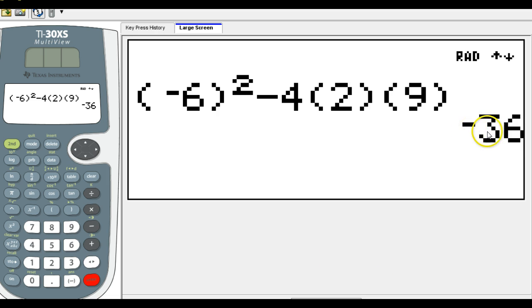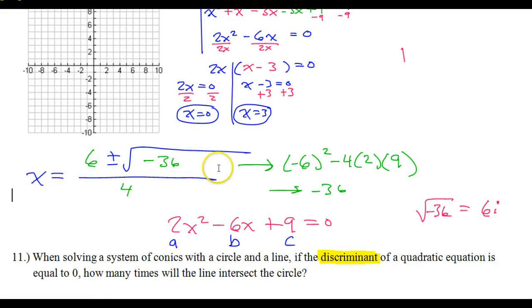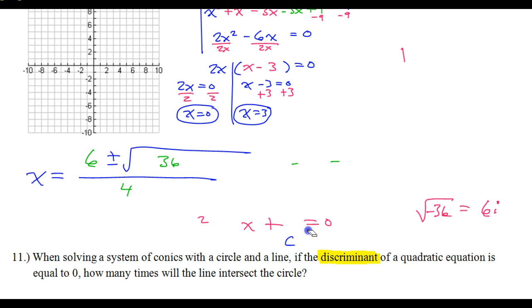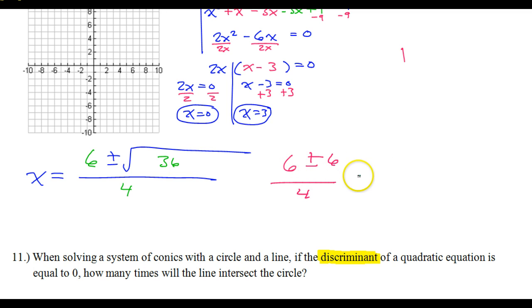Now, normally what happens is we'll get the discriminant being a positive number. So imagine that somehow this came out to be a positive 36 instead. Then what would have happened? If this had been a positive 36, how many solutions would I have had? Well, then this would have been just a 6. So I would have had 6 plus or minus 6 over 4.